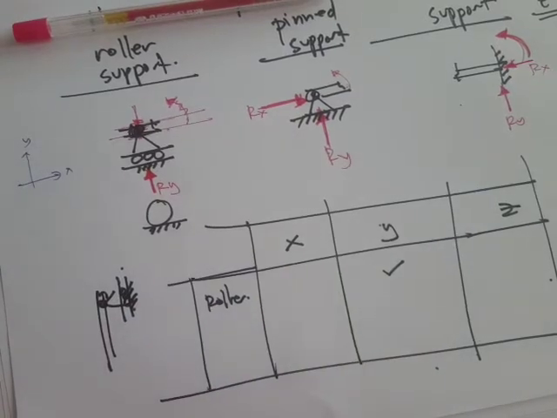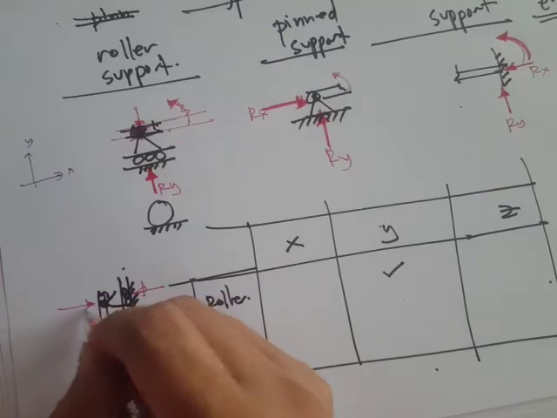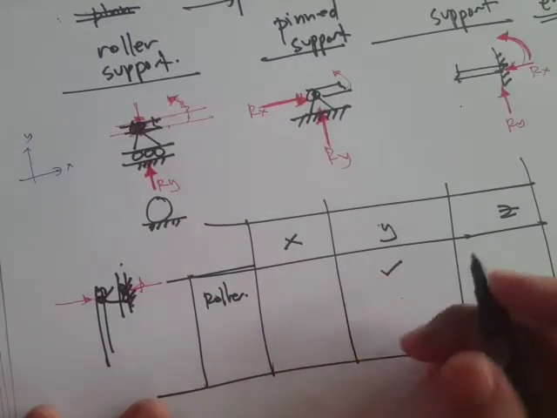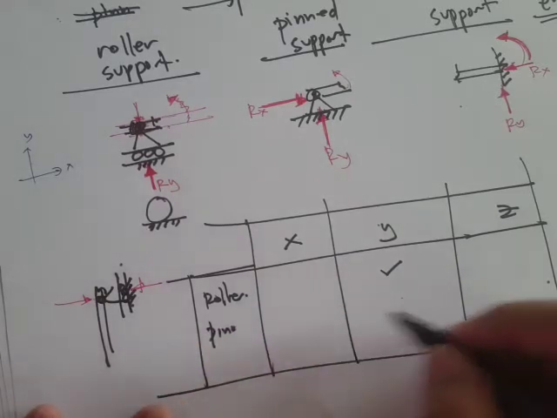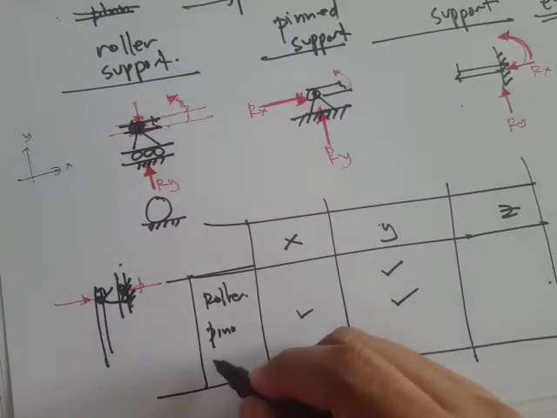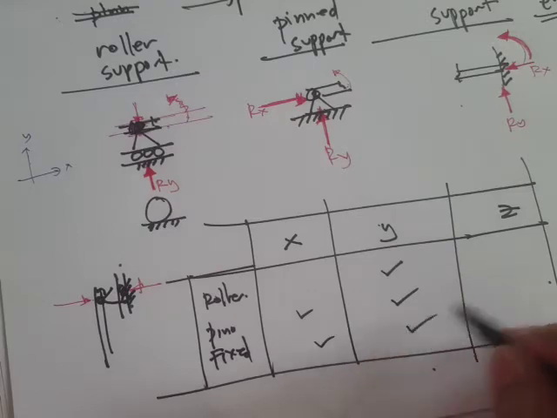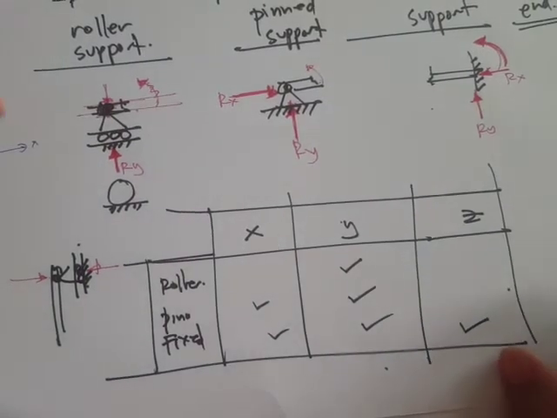If that's the case, then the reaction is along x. Okay, so the point here is for rollers there is just one reaction, but for pin support, we have 2 reactions. Then for fixed support, we have reactions here, and then a moment reaction along the z. Okay, so I hope this is clear.